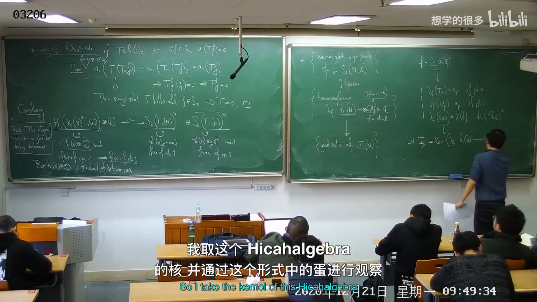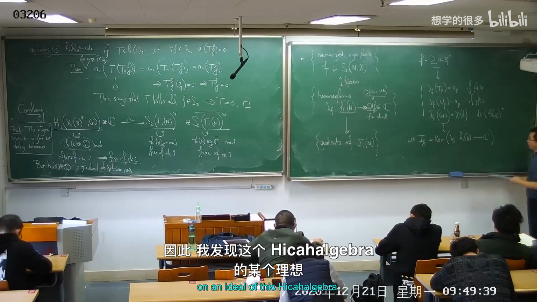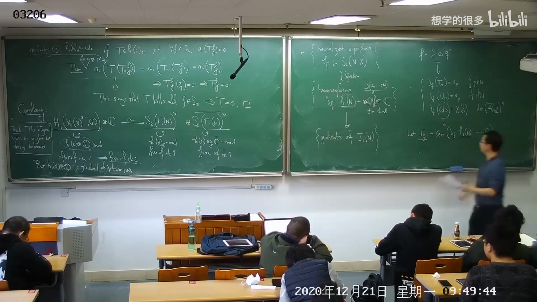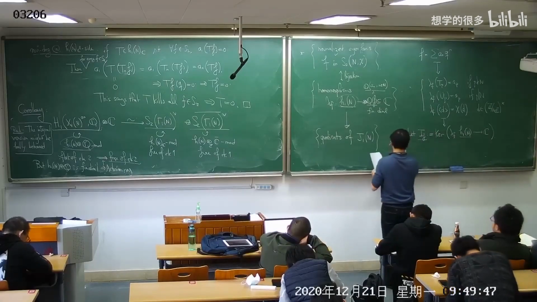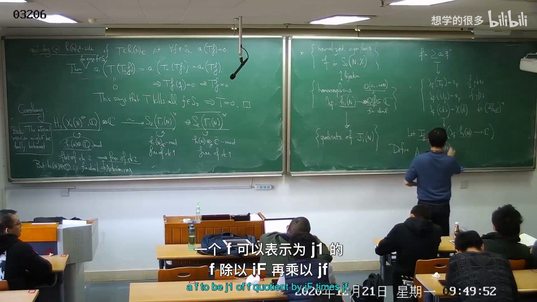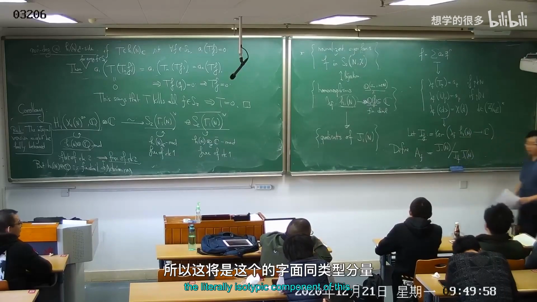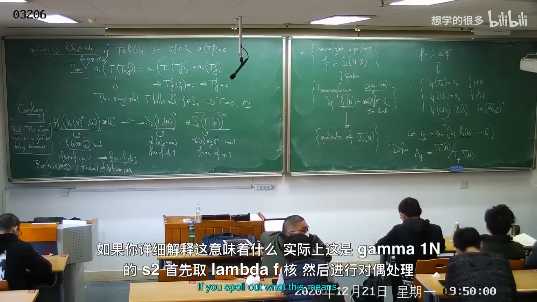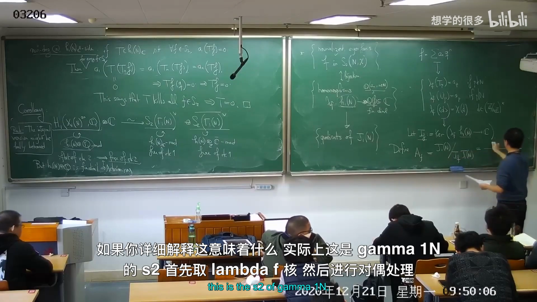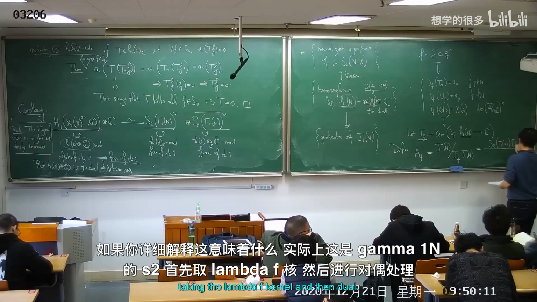So I take the kernel of this Hecke algebra going to C given by this eigenform, and I get an ideal of the Hecke algebra. I just define A_f to be J1 quotient by I_f times J1. This will be literally the isotypic component. If you spell out what this means, it is S2 of Γ1(N), taking the λ_f kernel, and then dual.